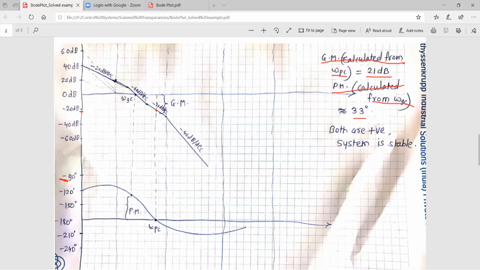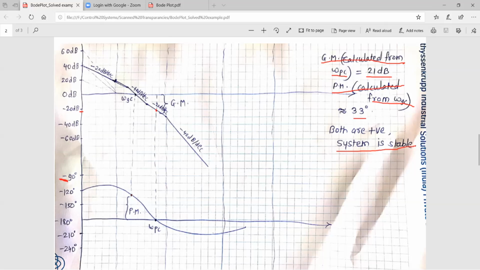You are at 135, for example, and you are going towards 180, ignoring the sign. I hope you have understood why we are ignoring the sign: all the angles are negative, so the angles are getting added in the same direction, not in the opposite direction. If it were in the opposite direction, that would be considered negative. But here we are adding in the same direction, so we have a positive phase margin. That is why phase margin and gain margin both are positive, and the system is said to be stable. So this is how it is done.